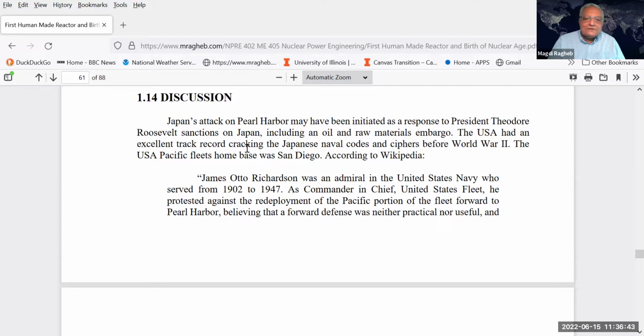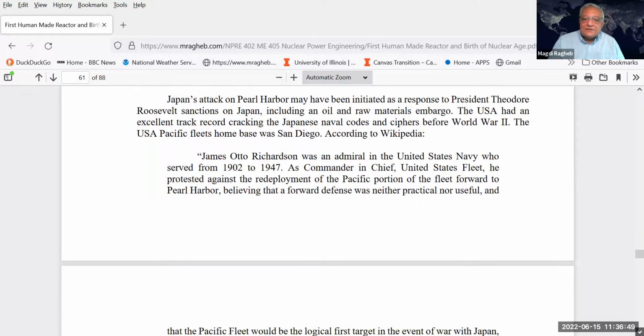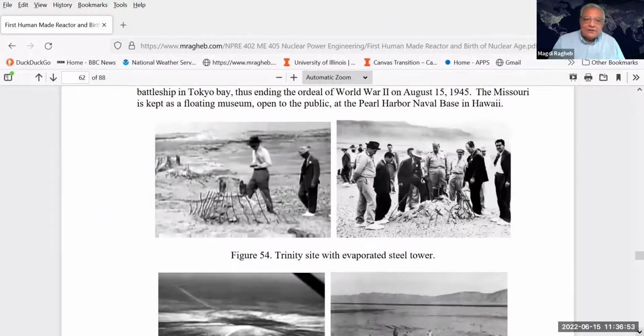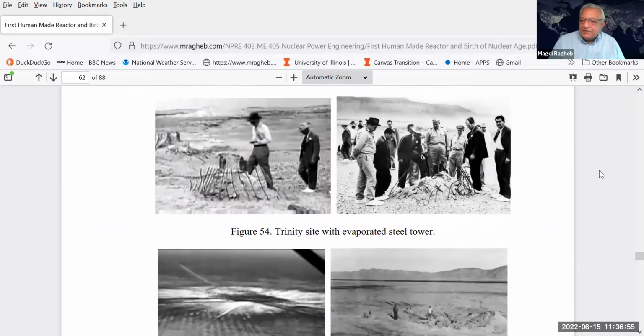But an interesting part of the discussion is that there are still historians disputing the need for using the atomic bombs on Japan, because Japan already was trying to find ways of ending the war, fearing that the Russians would join the war, and they had their eyes on some of the northern Japanese islands.